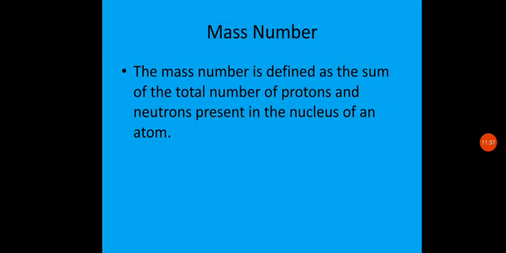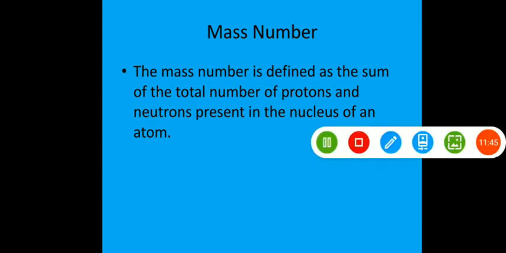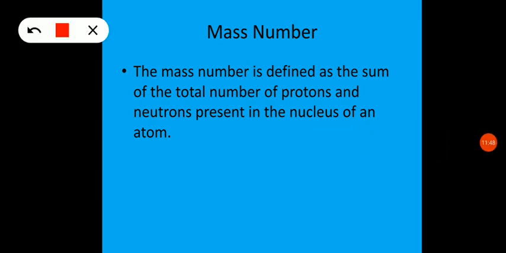So next we'll study about the mass number. In the Rutherford model you have studied that the mass of the atom is concentrated at the center. So what is present at the center? The nucleus is present. In the nucleus protons and neutrons will be there.